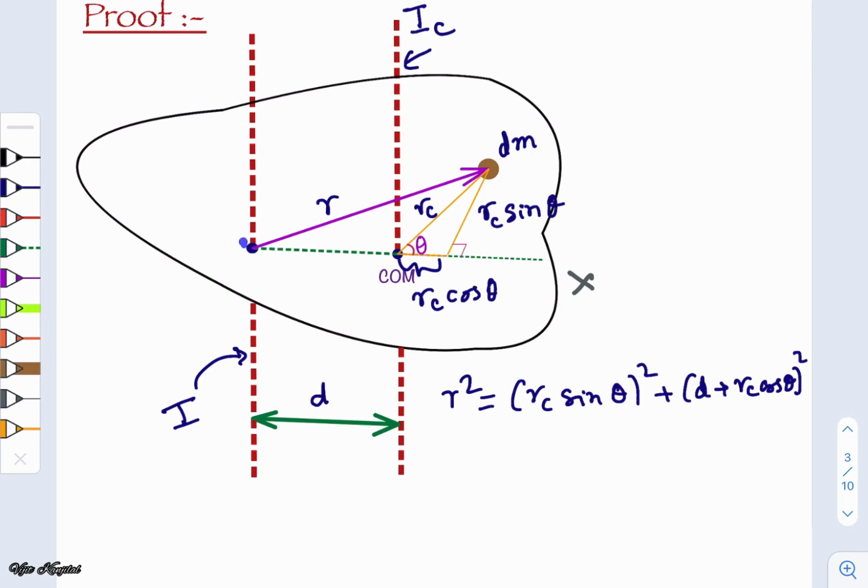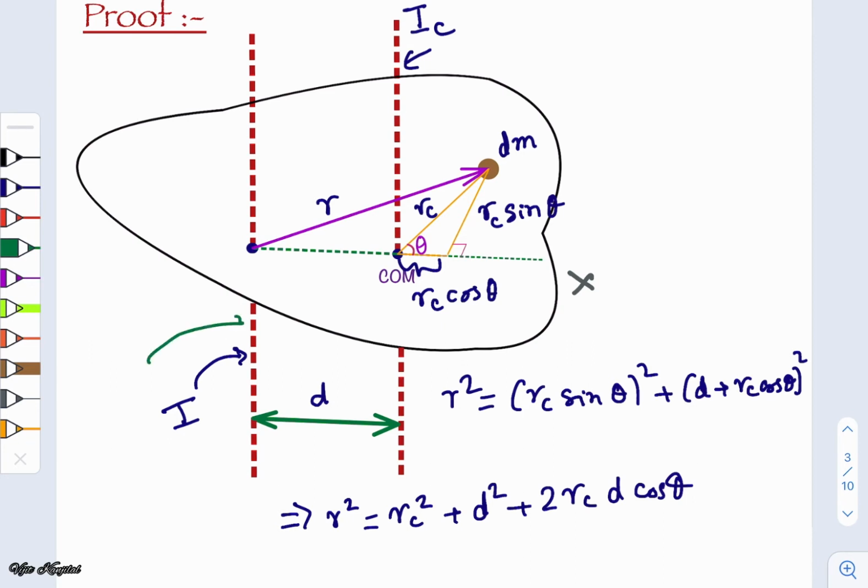That is, the square of this length is the sum of the squares of these two lengths, because this is a right angle triangle. So what do we get? We get r squared as rc squared plus d squared plus 2 rc d cosine theta. So what is I?